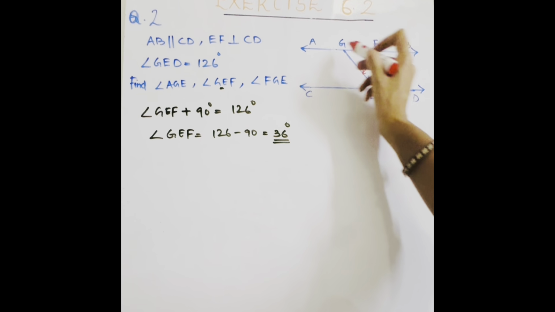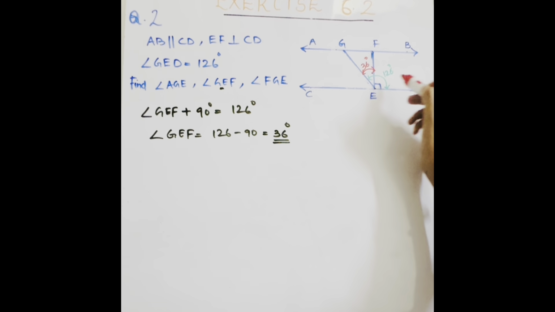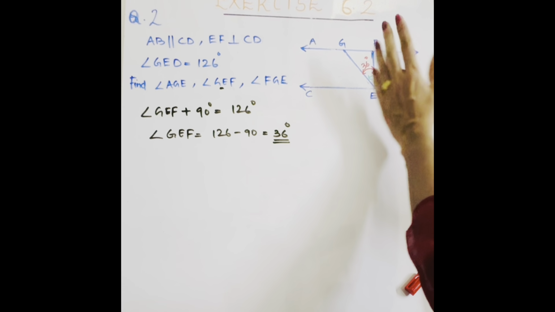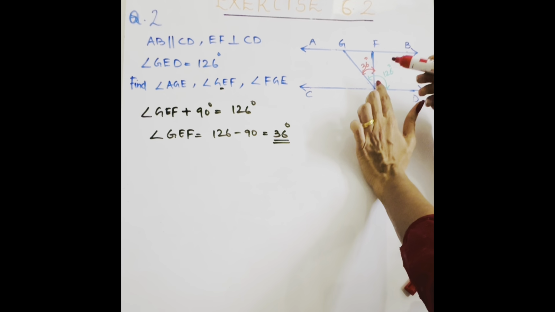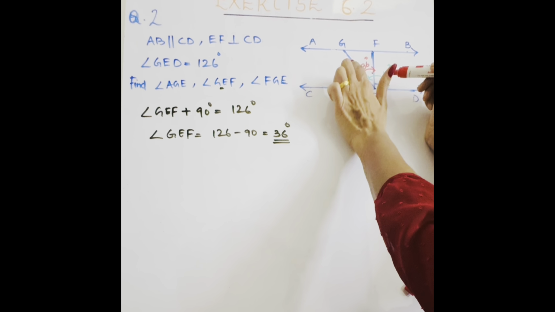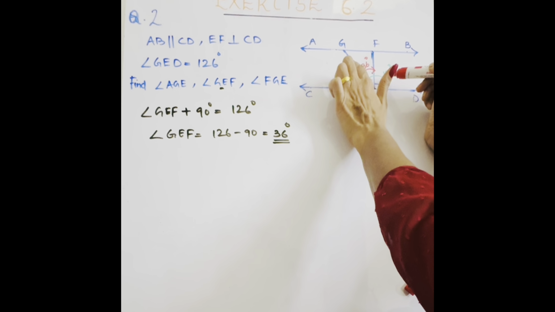Now you see the parallel lines AB and CD and the transversal GE. So what can you infer from here? You can see that this 126 degree angle and this angle are alternate interior angles, and we know alternate interior angles are equal.